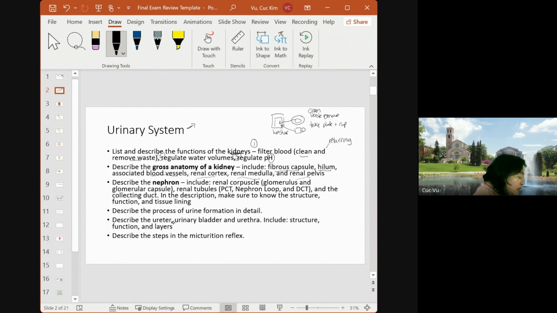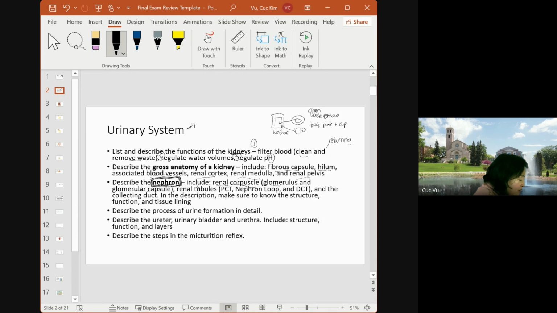Also know the functional unit of a kidney, which is the nephrons, because when we say that the kidney cleans, really it's the nephrons. So the nephrons, not to be confused with a neuron, okay? So the nephrons are the functional unit in the kidney that does all that cleaning, okay? So the nephron includes the renal corpuscle, which is a part of the glomerulus and the glomerular capsule.